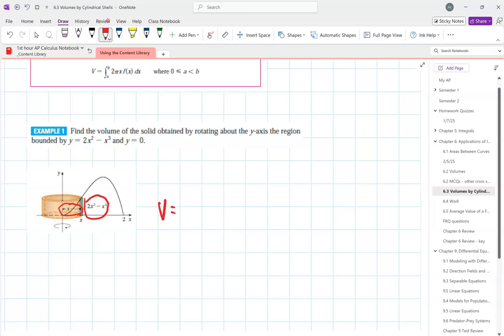So my volume is just going to be the integral, we're going to be integrating along the radius, so we're going from 0 to 2, of 2 pi x f of x dx.